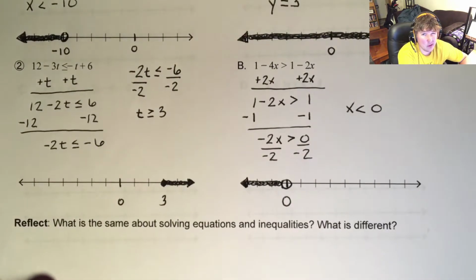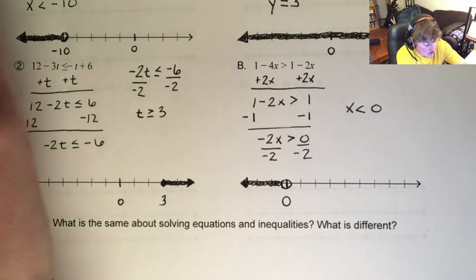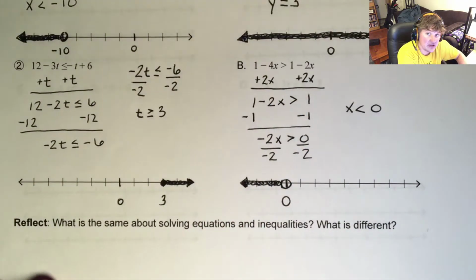Okay, so one thing I want to point out is that based on the problems that we did, the inequality always pointed the direction you shaded. And this isn't always true, but I'll set you up in a way so that it will always be true for you.